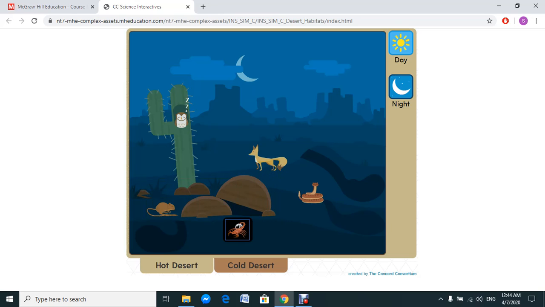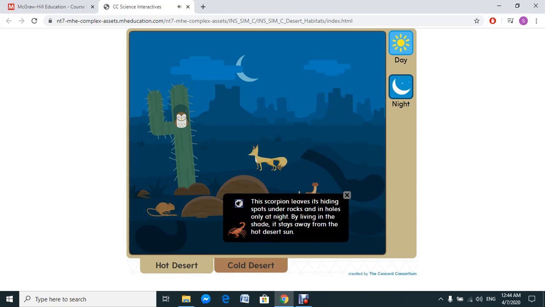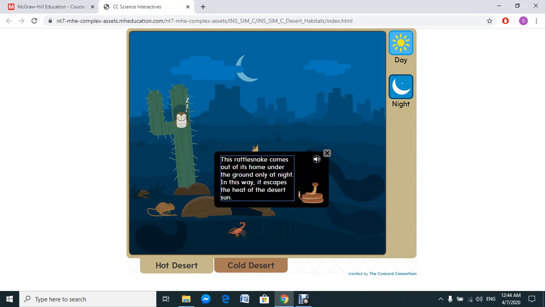Let's see the scorpion. The scorpion also is hiding during the day and waking at night. The rattlesnake.